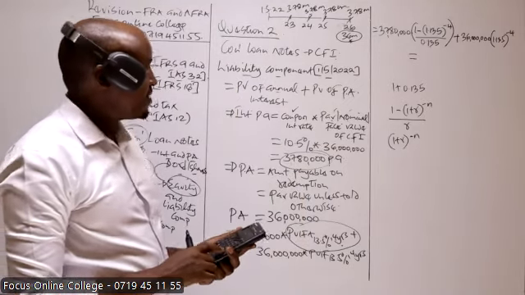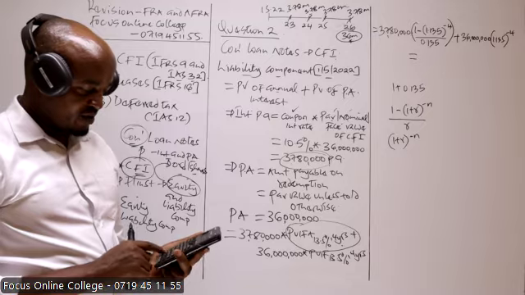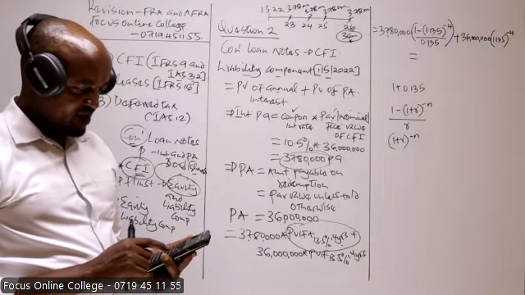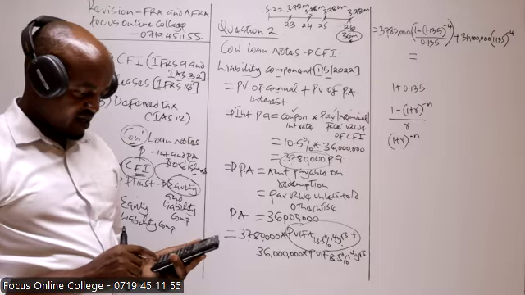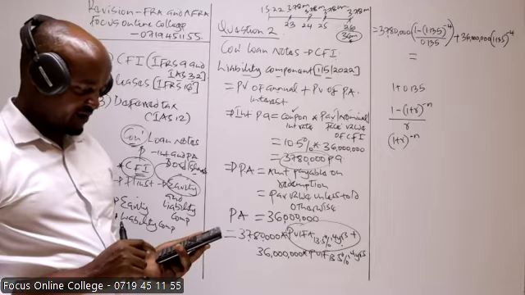Let's start by discounting the annual interest. We have 1.135 raised to power negative n, then 1 minus the answer, divided by 0.135.